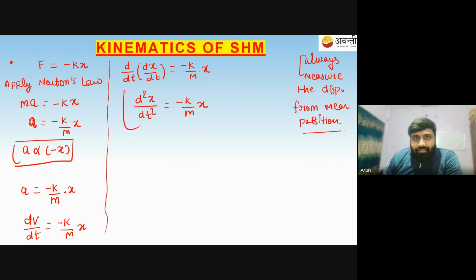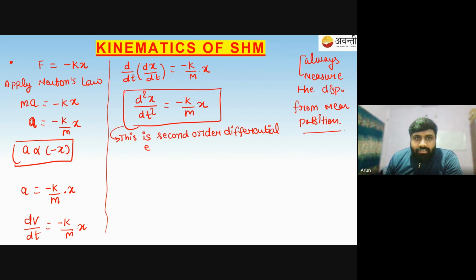Now this equation is a second order differential equation. How are we deciding whether it is first order or second order?